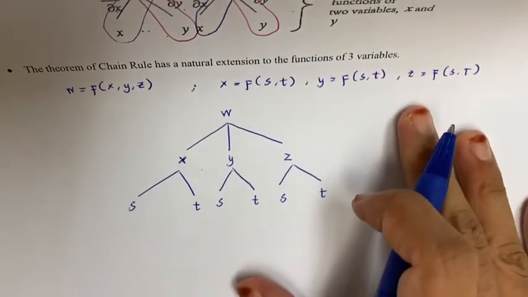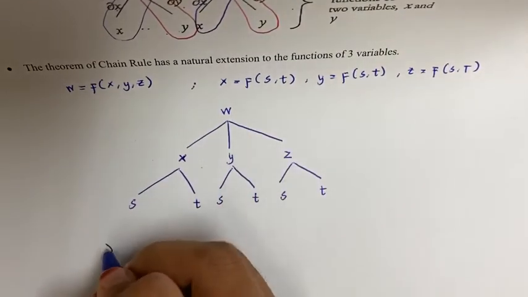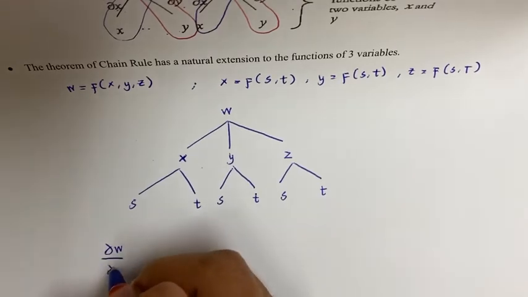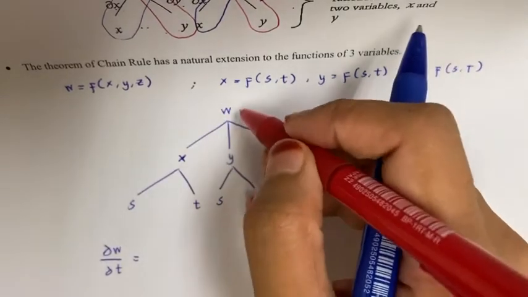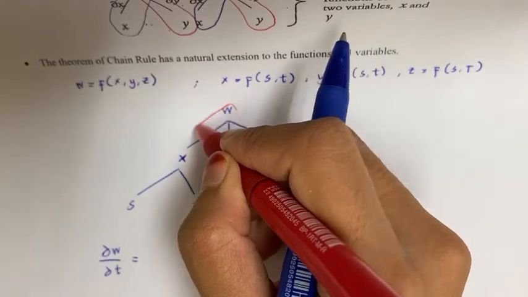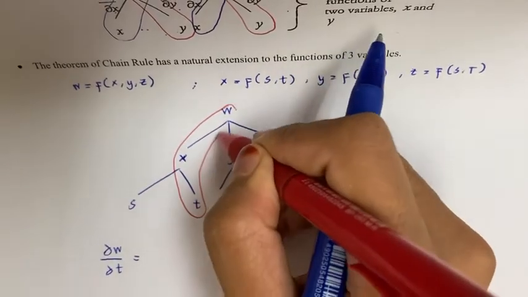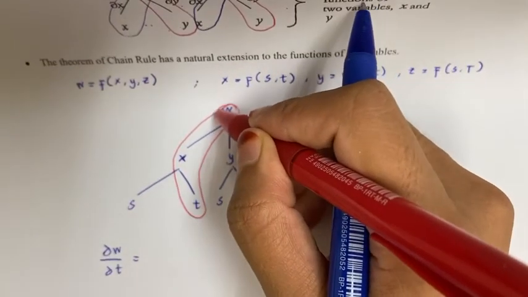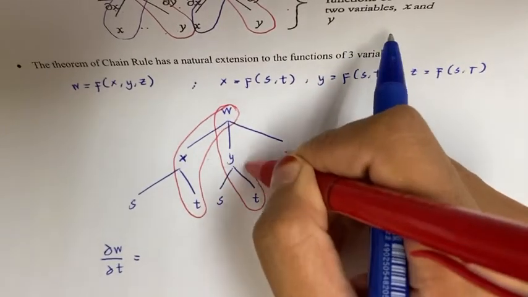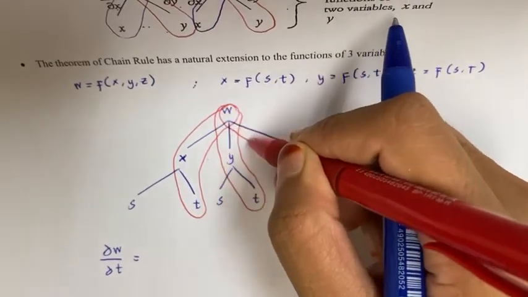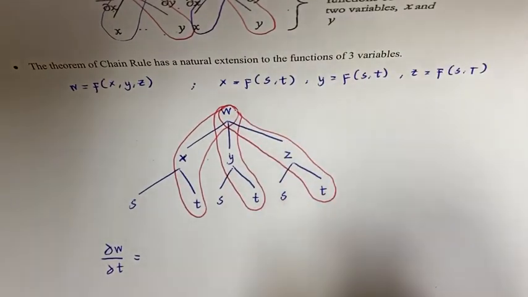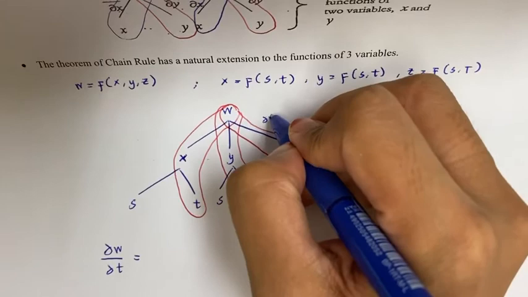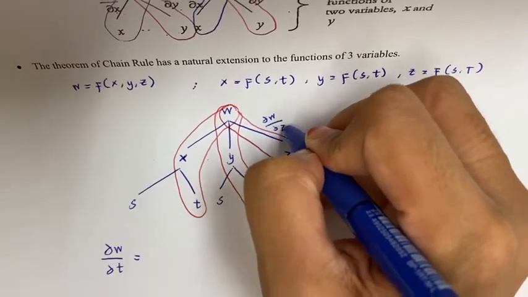Now, you can find del w over del t. So del w over del t is equal to, you see that you start with w and then find t. So you have this one first. For second, you have this branch, and the third one you have this. So here you have del w over del z.